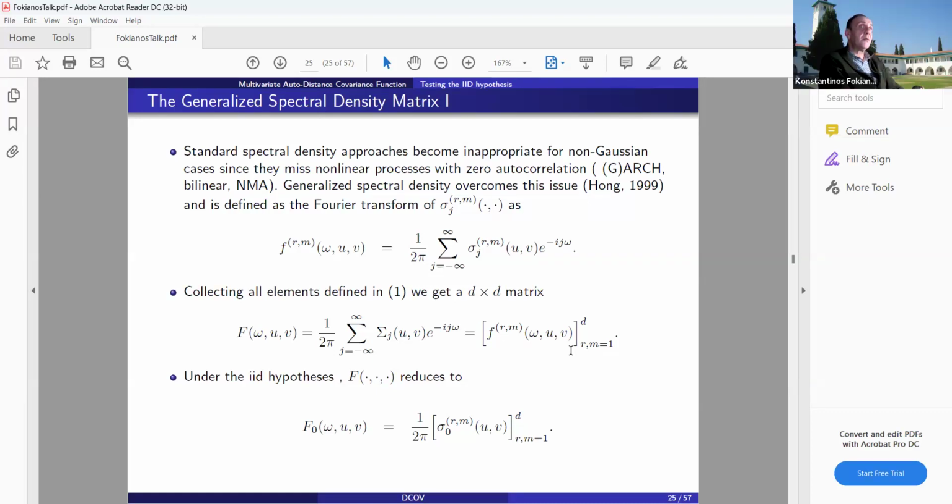Can you please repeat again? What do you mean? So conditional, you have the characteristic function conditional to the past, say in the univariate case, the past of x, or intermediate lags, right?